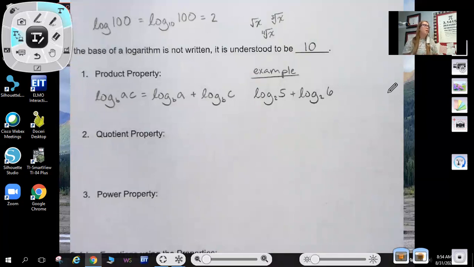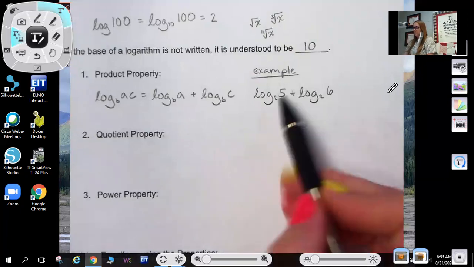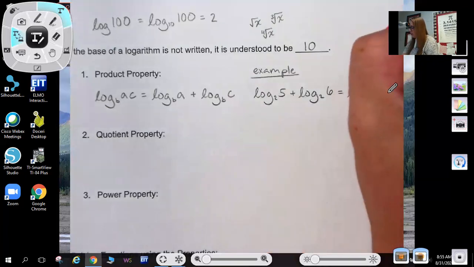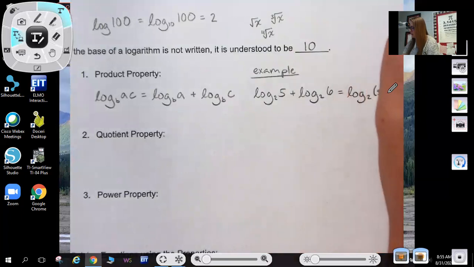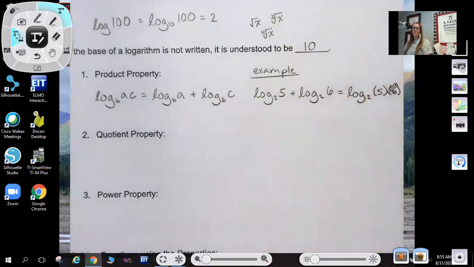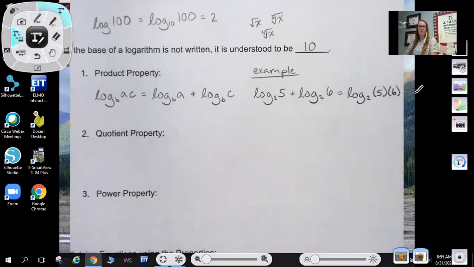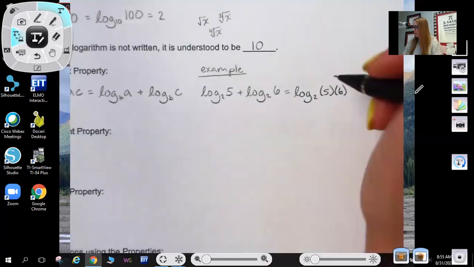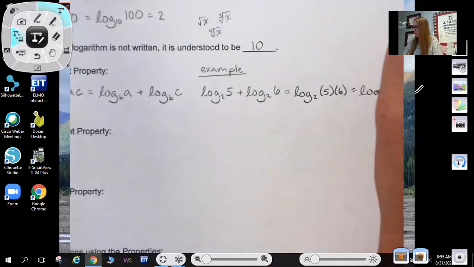The way that we're going to use this property is by having 2 logarithms that we want to write as 1. So because these logarithms have the same base and they're being added together, we can write this as log base 2 of 5 times 6. Okay, if we wanted to go one more step, we could say this is log base 2 of 30.